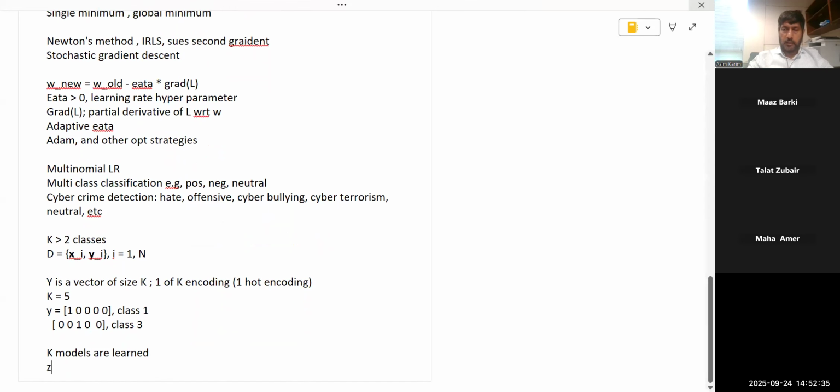And I'll write the z_k here. So z_k हमारे पास क्या था? So w_k dot product with x plus b_k. ठीक है. And this is k is equal to 1 to capital K. So we have k such functions.